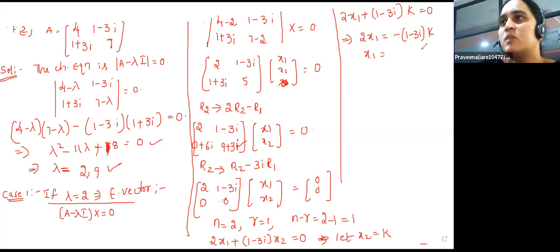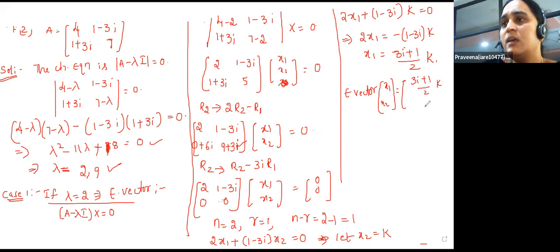Therefore, x1 is minus of, or else I'll write, 3i plus 1 divided by 2 into k. This is the x1 value and x2 as k. Therefore, from that the eigenvector x1 and x2 is equal to what? 3i plus 1 by 2 into k and x2 as k. That is one eigenvector.